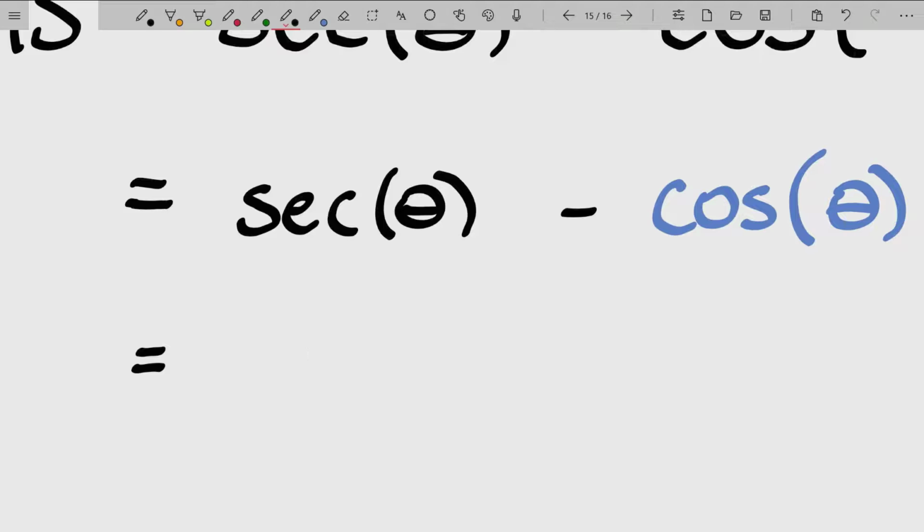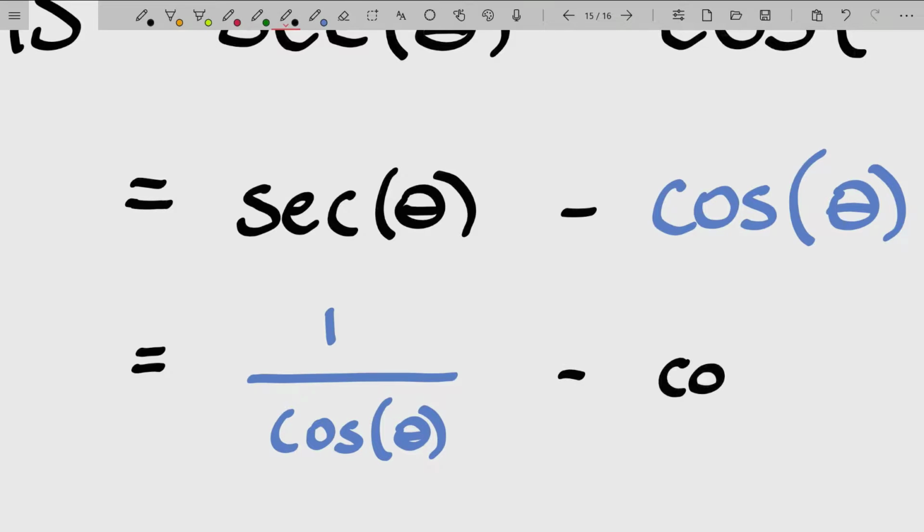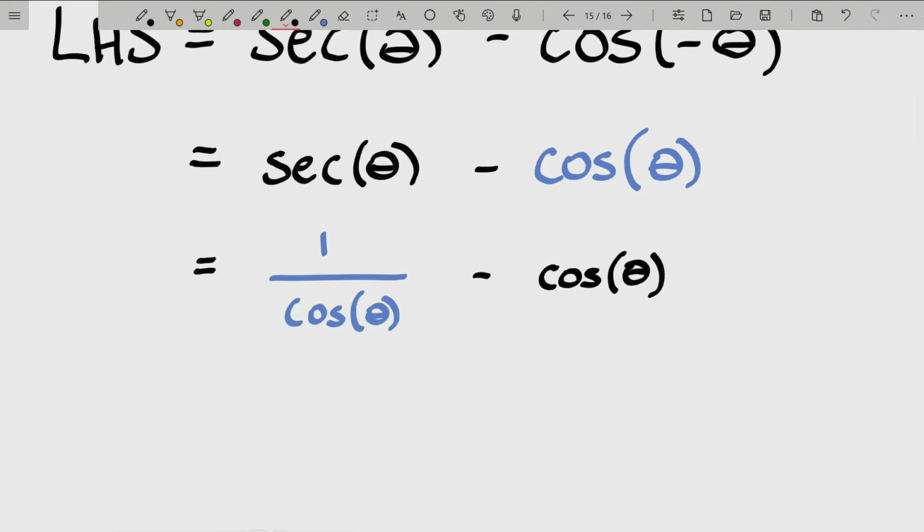So let me write that in blue. That's the one that's changing now. So 1 over the cosine of theta. And then I'll just put minus cosine over here. And you could see that we would be able to add these up if you multiplied the numerator and denominator of the second term by the cosine of theta.